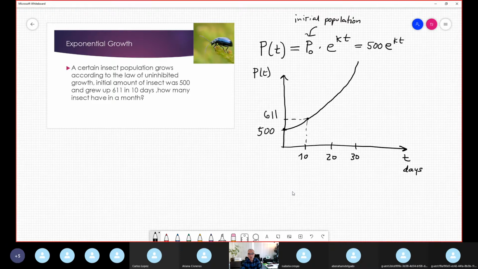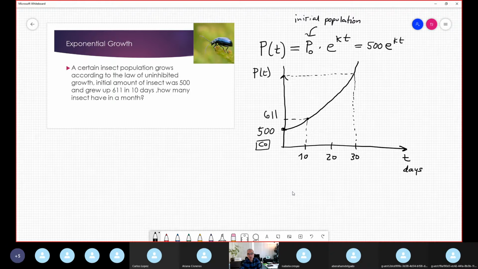Exponential growth. And I need to find the population in 30 days, which is equivalent to 1 month. This is the thing I am trying to find. This is my goal. We have P null, which is condition 0. Condition 0 is P null.